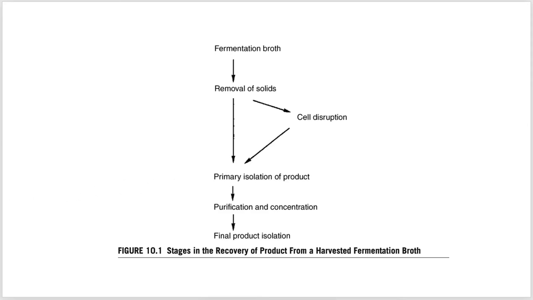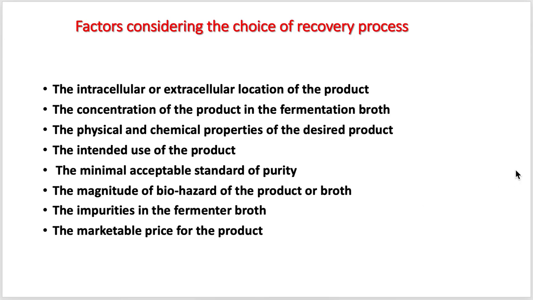However, before going to those methods, as I said, there are different recovery processes to recover the product. Which process or method we use depends on several factors, such as whether the product is intracellular or extracellular, and the concentration of the product in the fermentation broth, that means how much product is there, and the physical and chemical properties of the desired product.